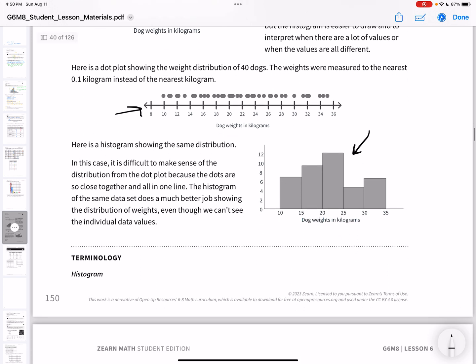So just a review, a histogram groups data points into bins for easier analysis.